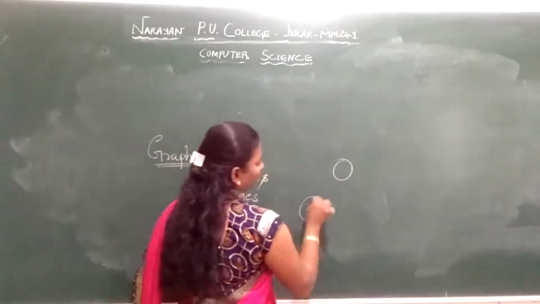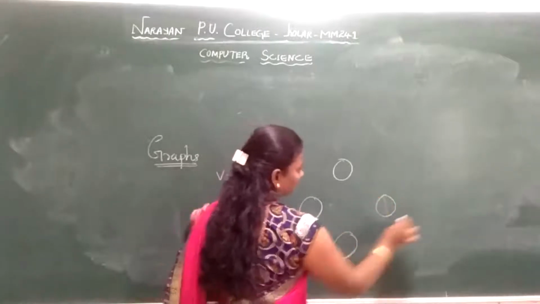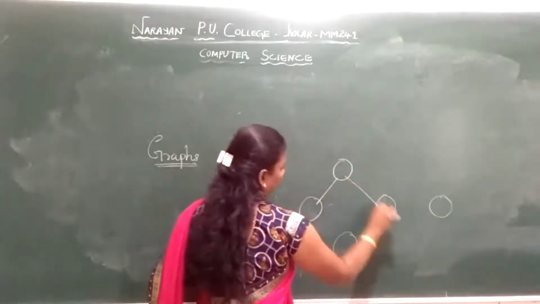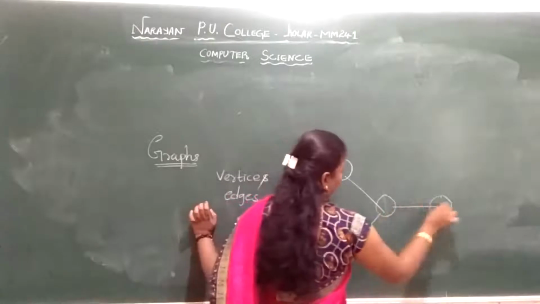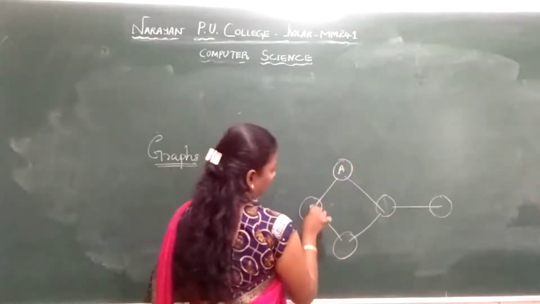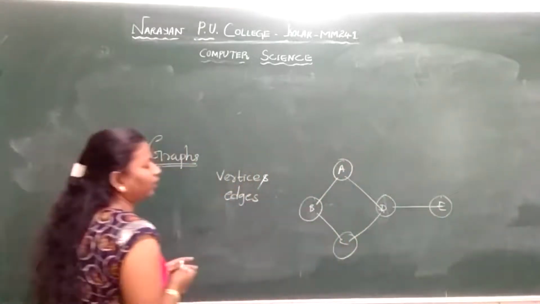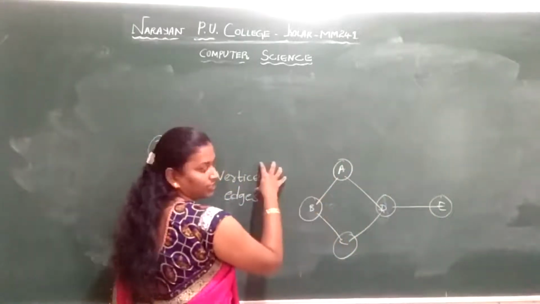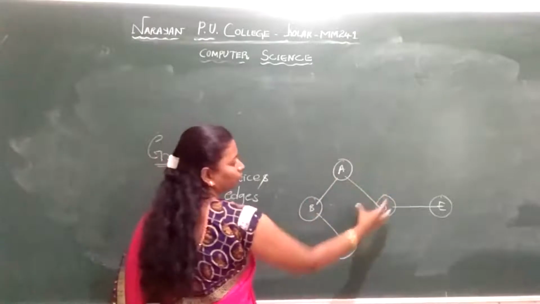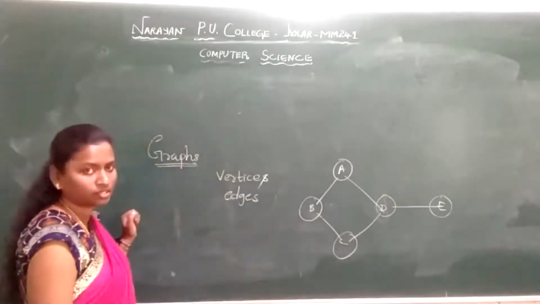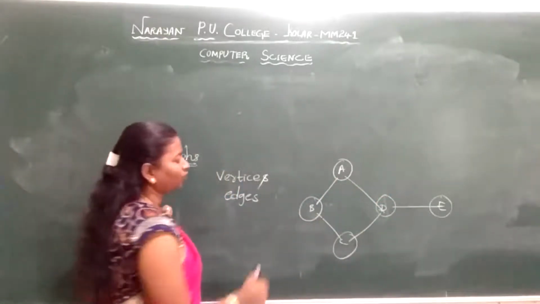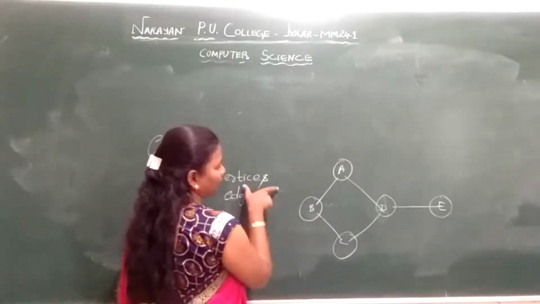For example, if I take a graph like this. So here the node we call it as the vertex. We have more than one, singular is vertex, vertices is the plural.